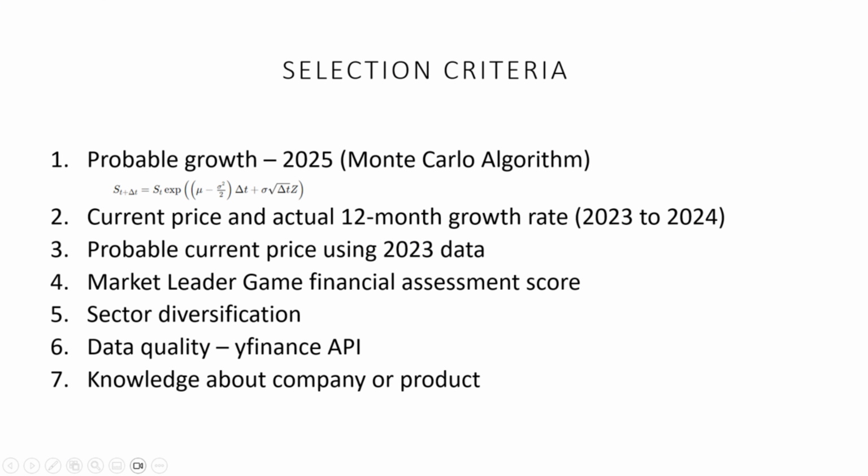Selection criteria for the top 12, as I mentioned: probable growth using the Monte Carlo algorithm, the current price and actual 12-month growth rate, the probable current price using historical data, and the financial assessment score. I factored in sector diversification.